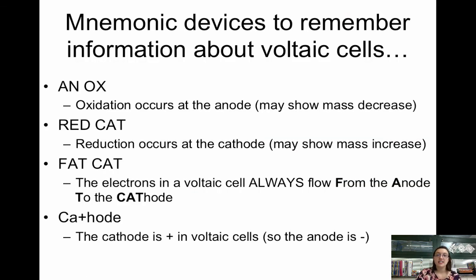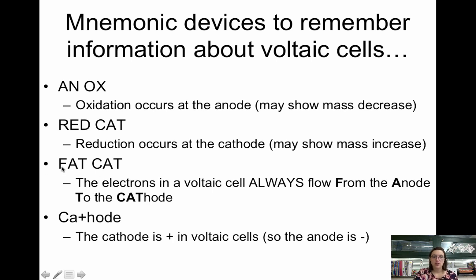So some mnemonic devices to remember information about voltaic cells, because sometimes this is easier. You can remember An Ox. So oxidation occurs at the anode. It also shows mass decrease. Red Cat, reduction occurs at the cathode. It will increase in mass. So you're going to have to figure out how to remember that anode decreases, cathode increases. Or you can remember Fat Cat.